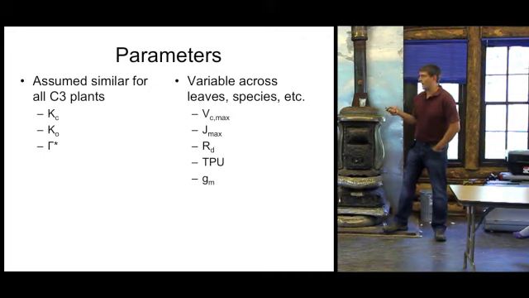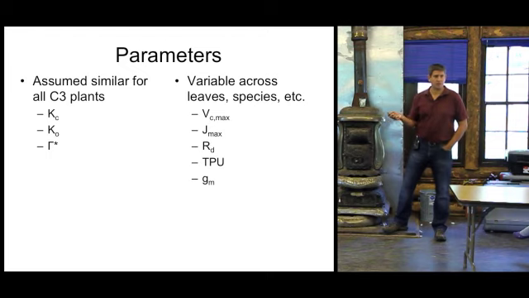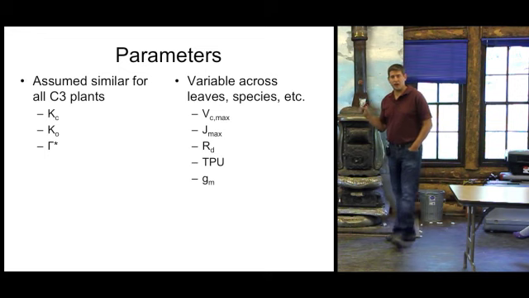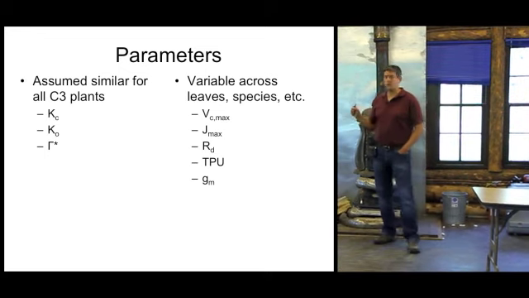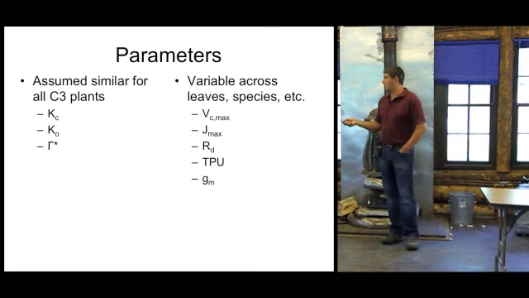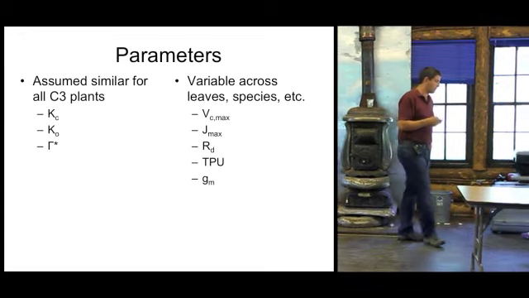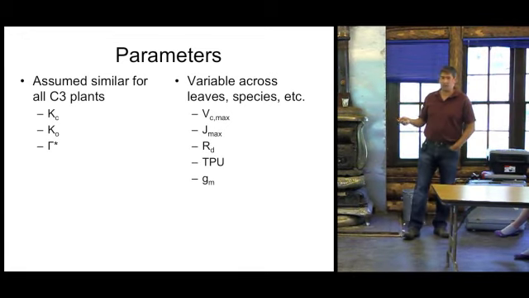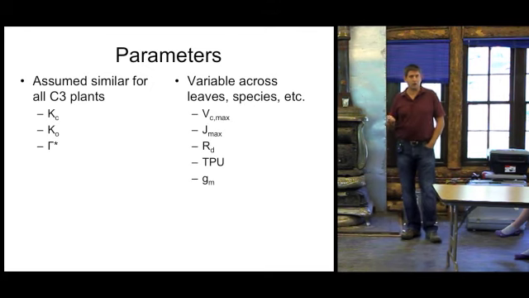If you're trying to understand the influence of different growth environments on Rubisco, then you need to measure these types of things. Right? So it all depends on what you're doing. But if I wanted to go out there right now and model an aspen canopy, an aspen ecosystem, I'm just going to go ahead and see what's been published in KC, KO, and gamma star previously, and I'm going to assume that those kinetic parameters are going to apply to my aspen system.